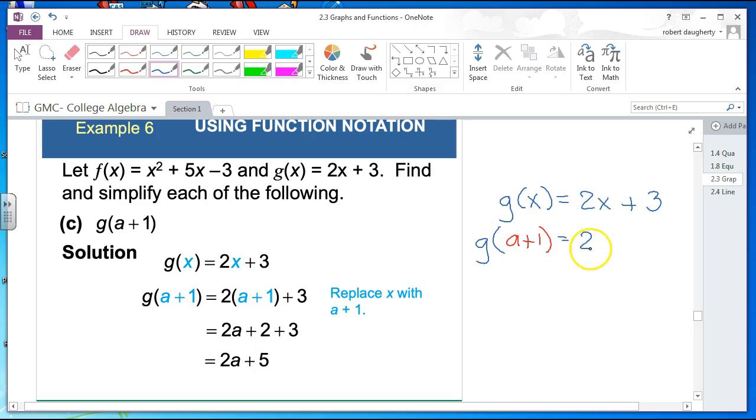So that's going to be equal to 2 times, instead of an x, I'm going to write a plus 1 here, plus 3. So all I did was replace the x with an a plus 1. And what is this? This is 2a plus 2 plus 3. This is 2a plus 5.